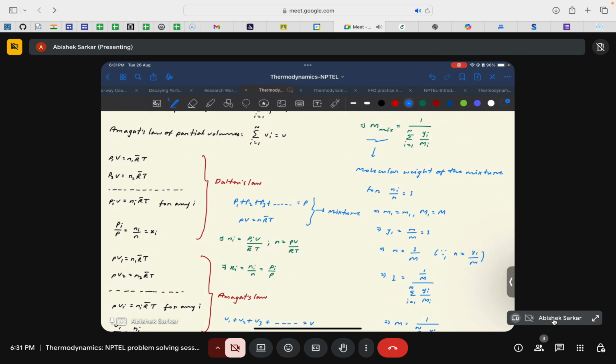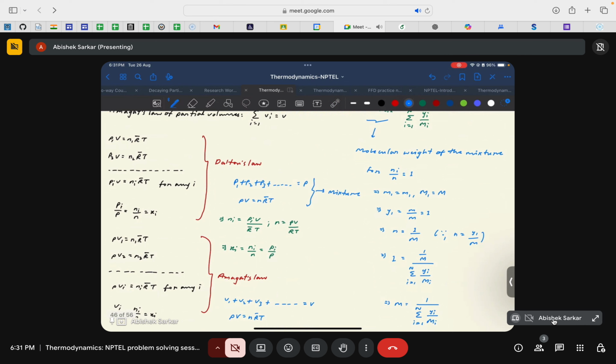PV is equal to NR̄T would be the ideal gas equation for the mixture, where P is the pressure of the mixture, V is the volume of the mixture, N is the number of moles of the mixture, R̄ is the universal gas constant, which remains constant, and T is the temperature of the mixture. So these are properties of the mixture.